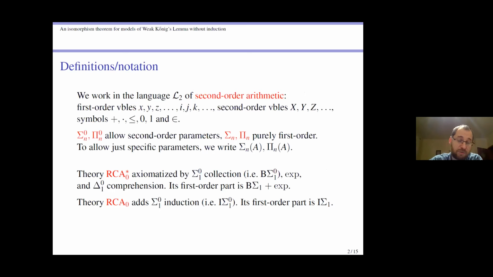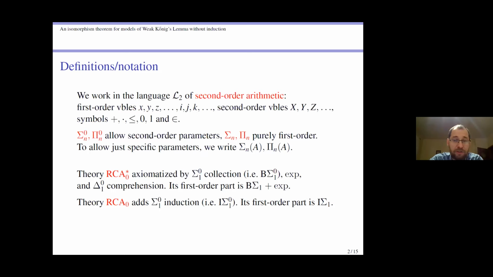I'll use this notational convention that I guess merges a few conventions from second and first-order arithmetic in particular. So if I use notation like sigma 0n, that means the first-order quantifier alternation class, but with second-order parameters allowed. So no second-order quantifiers, but second-order parameters are fine.